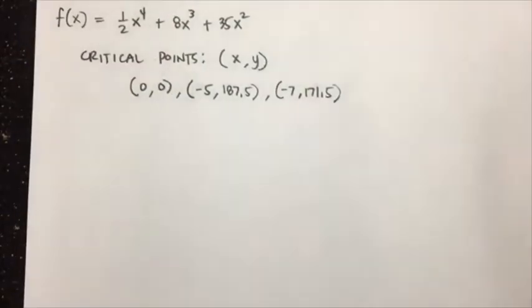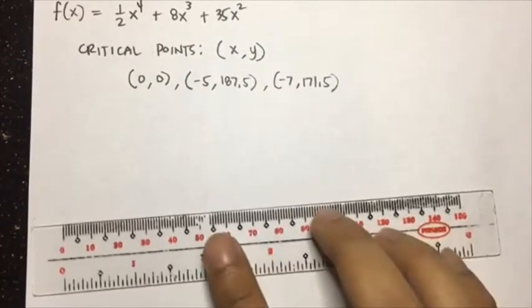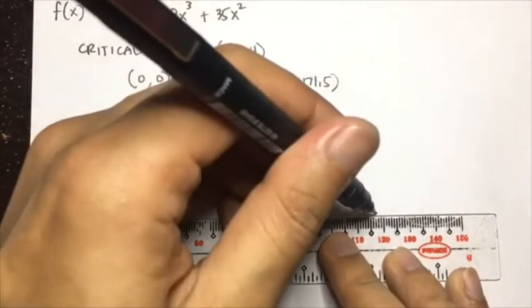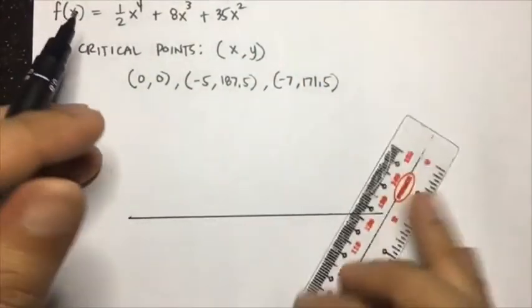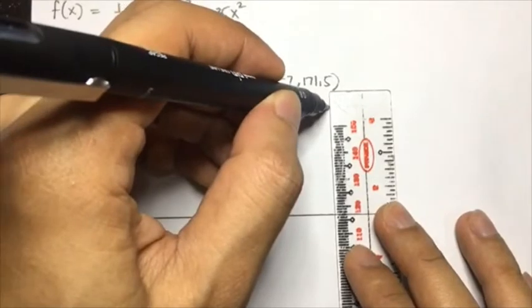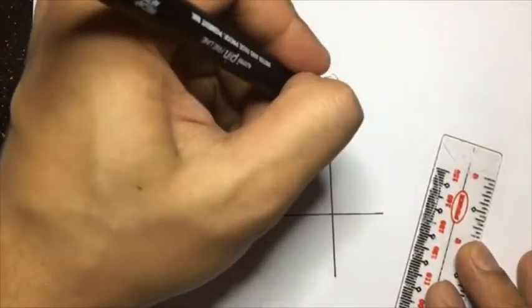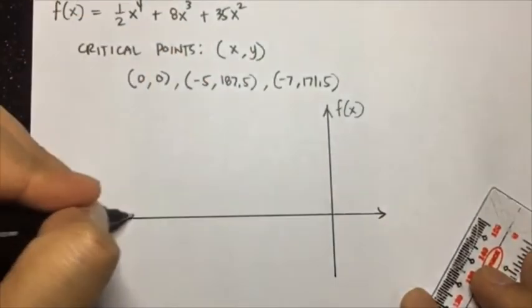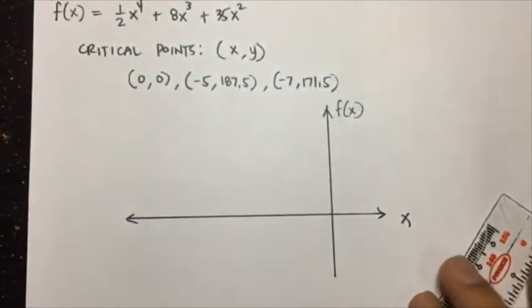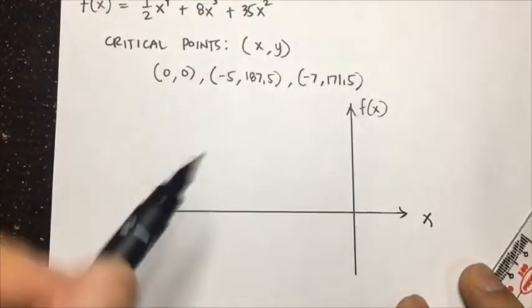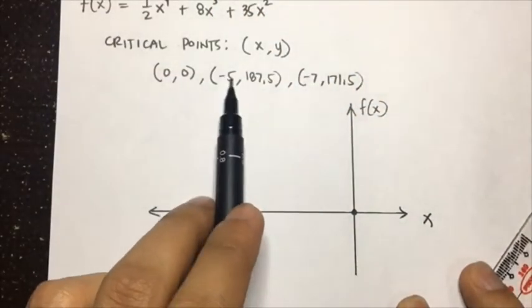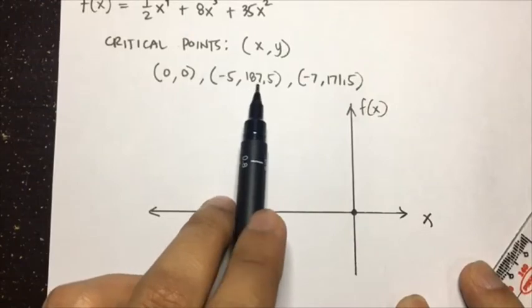Okay, so for graphing it, then just estimating. This is our origin, this is f of x, and this is x. We have the 3 points: the origin as our critical point, and then at negative 5, 187.5.